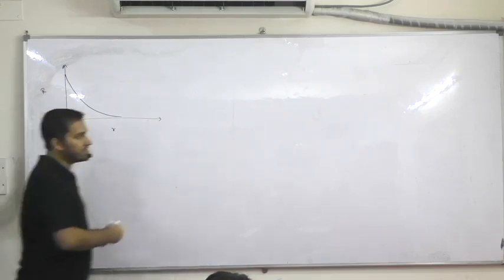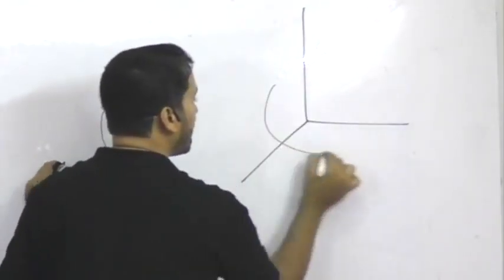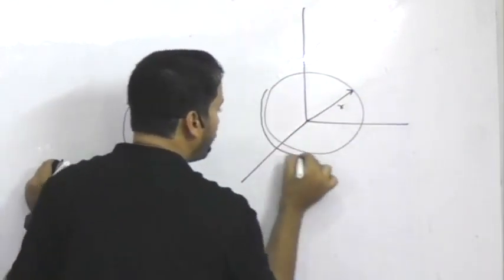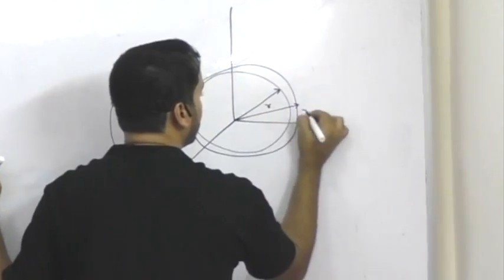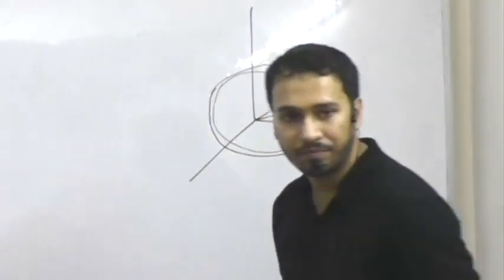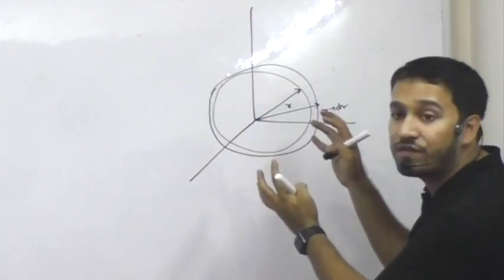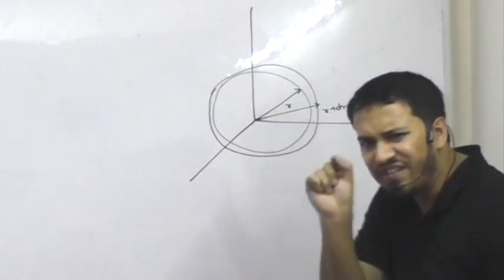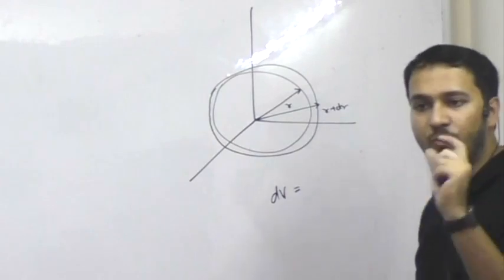So what I'm doing is, pay attention, I am taking a shell. Let's say I have a sphere of radius r, and outside it, I have another sphere of radius r plus dr. So what I have is a very, very thin shell. What will be the volume of this very thin shell? It will be some very small volume dV.